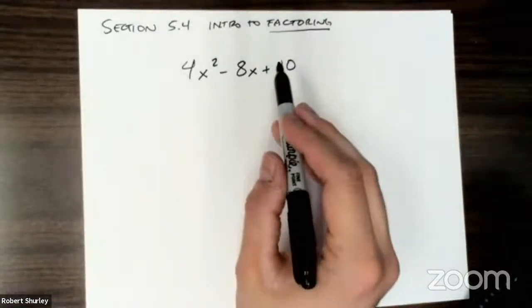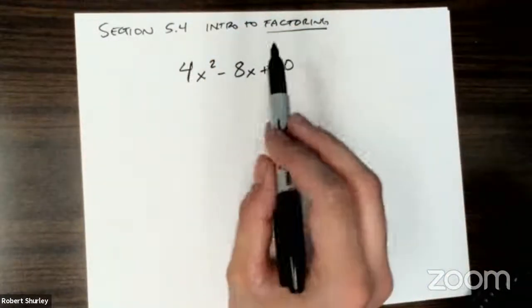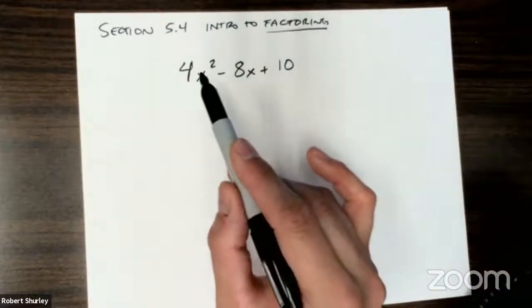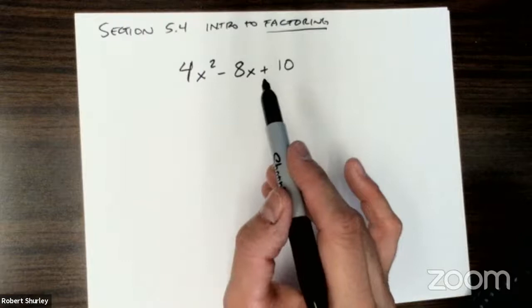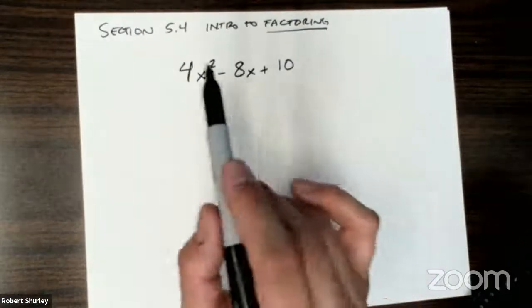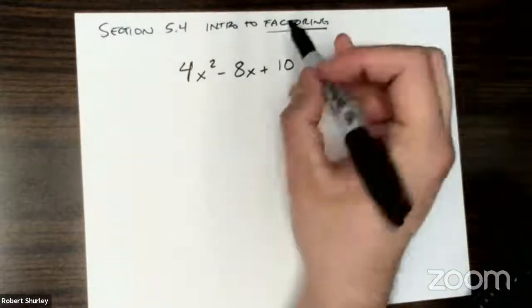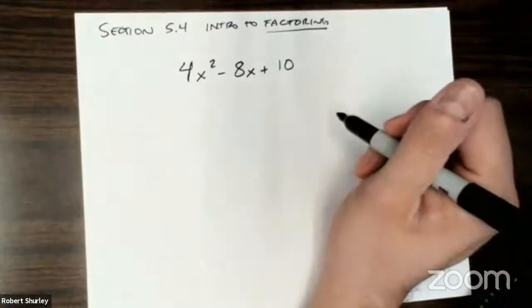Okay, we've got this trinomial, and the goal here really is to factor out. And what factoring really means is that we're going to go from addition or subtraction of terms, like we talked about in the last lecture, and then we're going to turn it into multiplying. Because to factor means you're really kind of creating multiplication. You're creating two factors, and factors are just terms or polynomials that are being multiplied together.